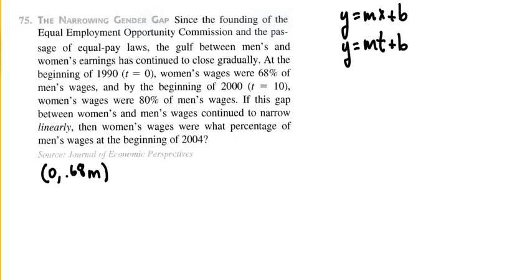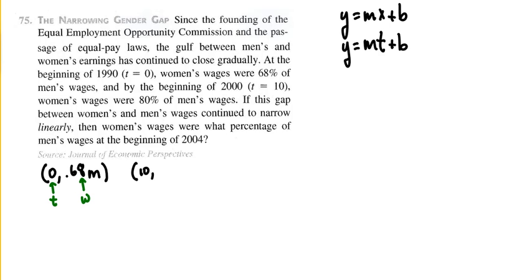Okay, so we have that first point there, and 0 is our t value, and 0.68 m is our women's wages value, since 68% of men's wages is 0.68 m.